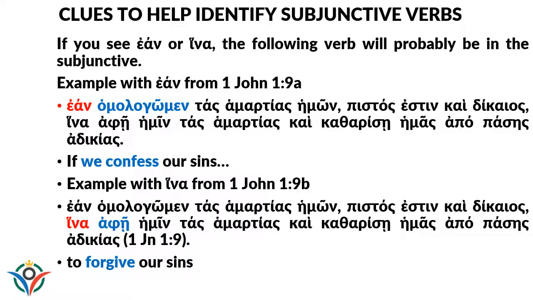So let's look at an example that comes from 1 John 1 verse 9. The first portion of the verse uses the clue eon, which I have highlighted there in red for you. And the verb that comes directly afterwards, the verb is homologomen. To show you that it's in the subjunctive mood, I've highlighted that in blue.